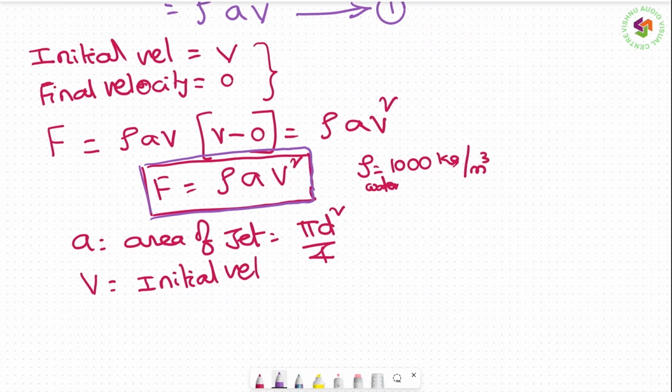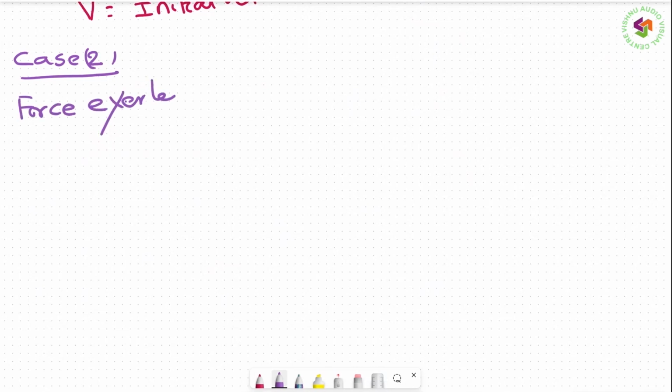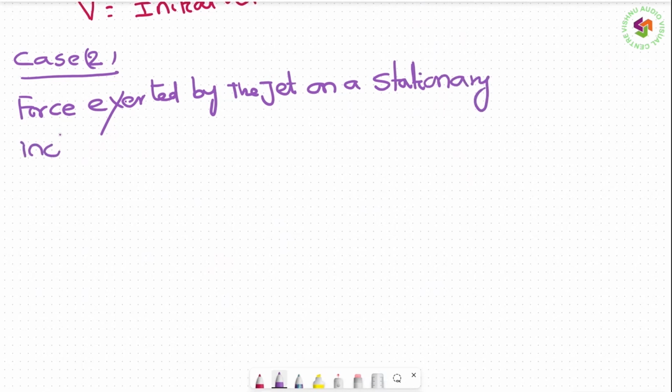It is held normally. Now in case 2, I will change it to an inclined position. Case 2: force exerted by the jet on a stationary inclined plate.